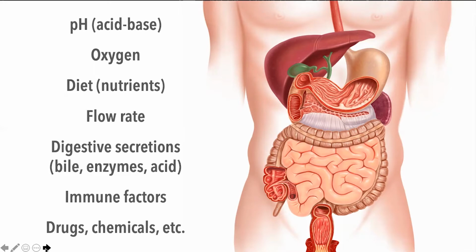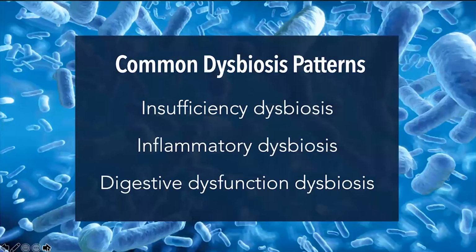So we may, for example, see, as you'll see here on the list, that pH is one of the major factors throughout the gut that affects the microbiome, and vice versa. Same with oxygen, of course, nutrients from the diet as well, flow rate, digestion, especially stomach acid and enzymes, immune factors, et cetera. So a lot of factors can affect the interaction between the microbiome and our health.